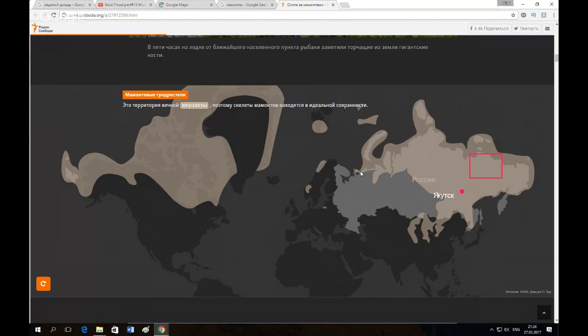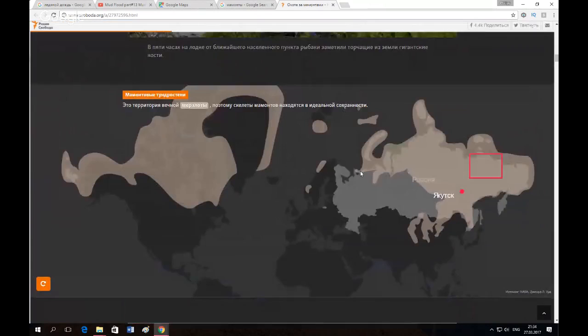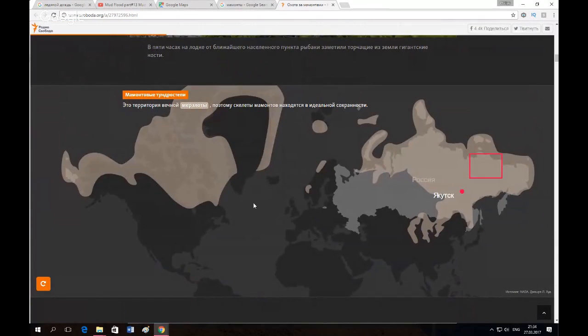We have to prove that much moisture disappeared from the ground. Could that actually happen? This is a huge territory, as you can see. So a huge amount of something is supposed to have turned to vapor in a short period of time. So this huge ice storm could have been performed.